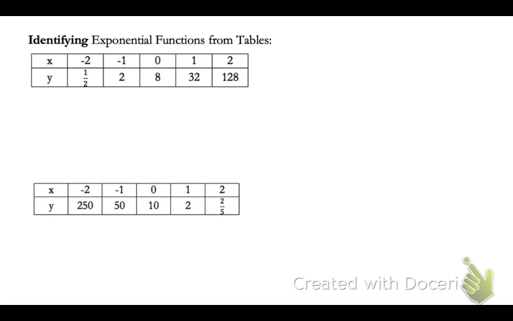All right, so if we're looking at a table, how do we tell if it is exponential? Well, if my x values go up by a constant amount, adding the same amount or subtracting the same amount each time, and then my y values are being multiplied or divided, then that is an exponential table.